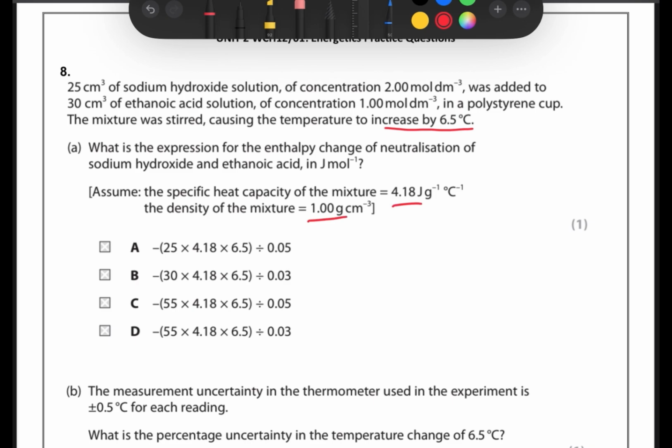Okay, so first of all, we have to think about the fact that in a neutralization process we are mixing the acid with the base. So we have to think about the value of Q that equals mc delta T. The mass has to be the mass of the aqueous solution.